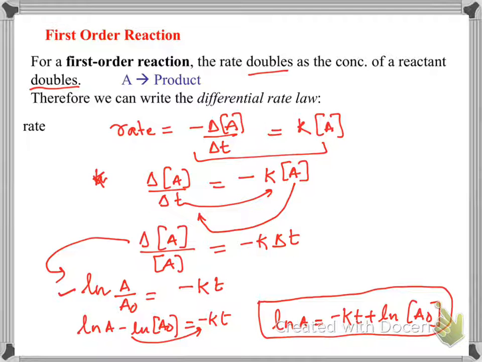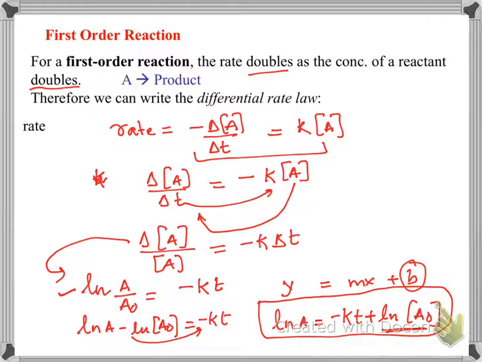What does this tell you? If you compare it with the linear equation, ln A naught represents the y-intercept and negative k will be the slope.